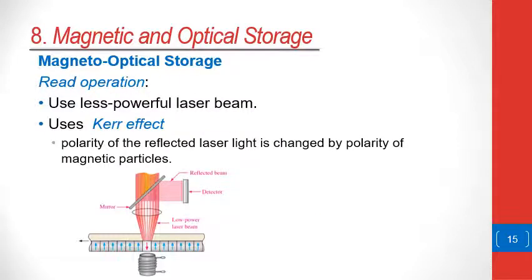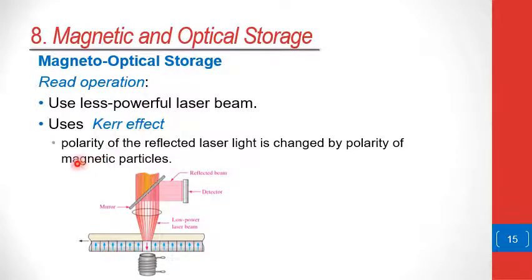The read operation uses a less powerful laser beam, and the way it works is that the laser beam will shine a light onto the surface of the disk, and based on the reflection of that light, the information will be detected by a detector. And this is what's called the Kerr effect.